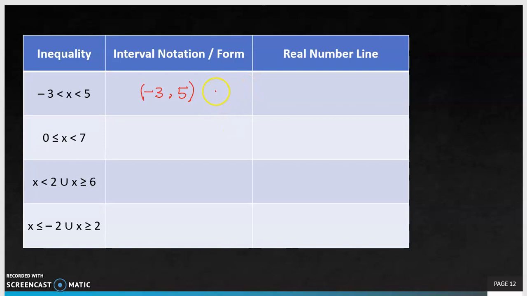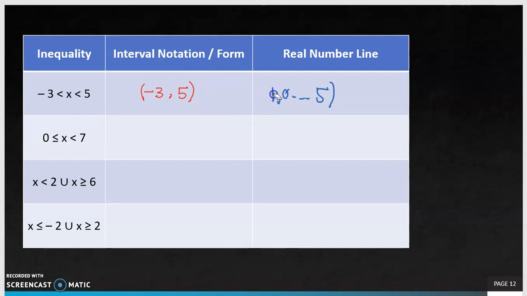We don't have to put all the values, for example from -3, -2, -1, and so on until 5. We just put the two values on the boundary, which are -3 and 5. So we don't have to list all the values.